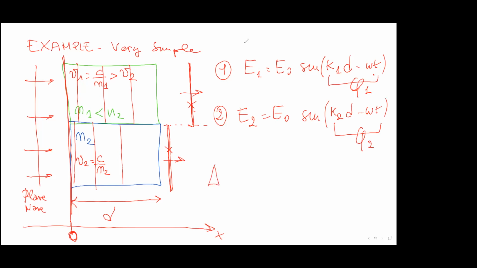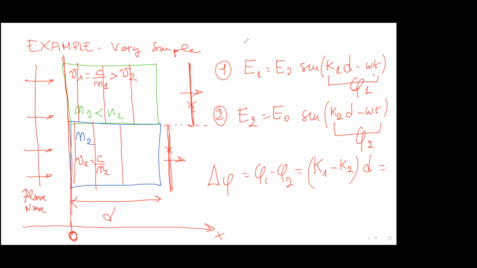What is the phase difference between these two wavefronts? It is, let's say, phi 1 minus phi 2. So this is k1 minus k2 times the thickness of the material. You accumulate a phase delay that is given by that.